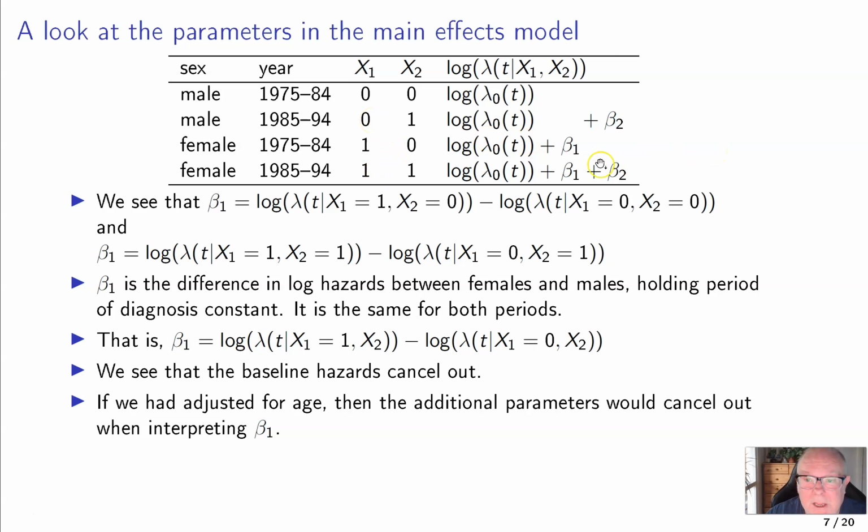So beta 1 is the difference in the log hazards between females and males, and it's assumed to be the same for both values of period.